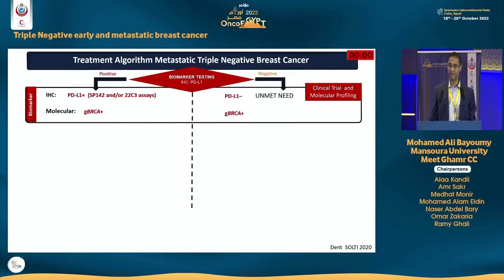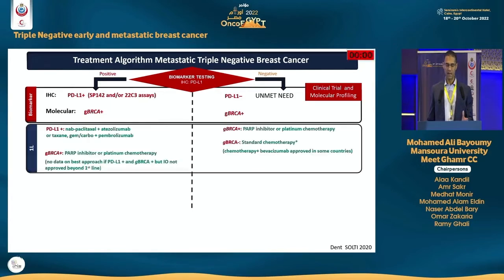I can now summarize the management of metastatic triple negative breast cancer with this slide. In case of PD-L1 positive expression, on your left side, I think you can offer your patients the IO as a first line, because it is not approved later on. If it's available, you can use the IO in the first line setting.